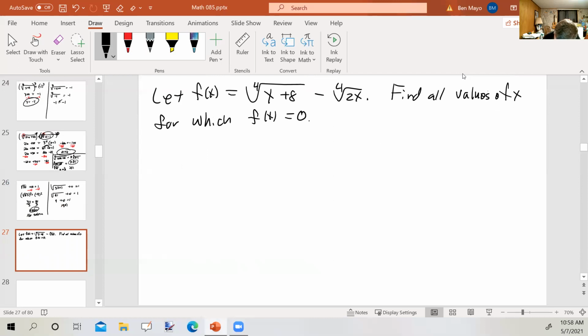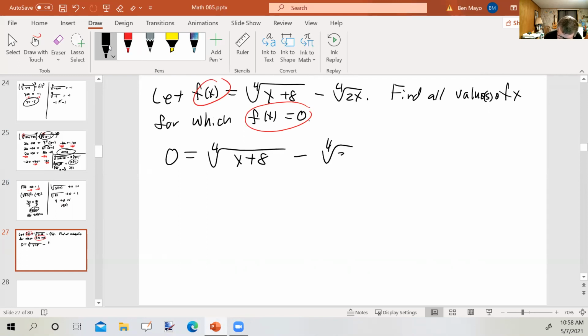I'm going to put a little parentheses value or values. So it's not f of 0, it's f of x equals 0. So this 0 is going to go in the place of f of x, giving us the following equation. 0 equals the fourth root of the quantity x plus 8 minus the fourth root of the quantity 2x.